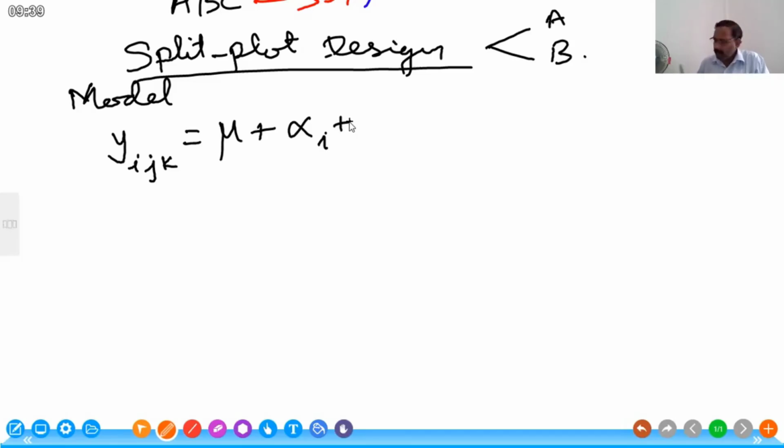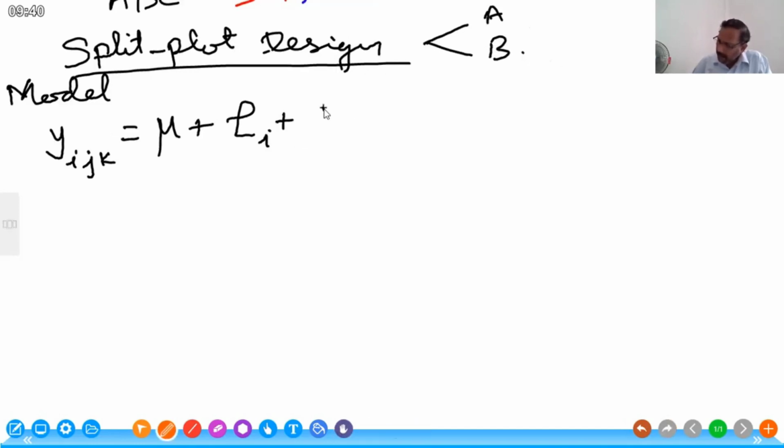I will take alpha beta, yes, tau_i plus the alpha_ij plus w_ij plus. A bit complicated this, as we said, compared to the earlier designs.